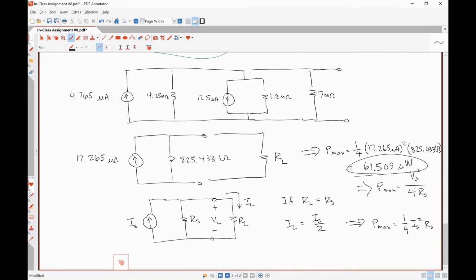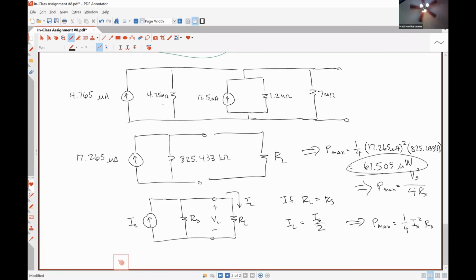I have one question. How did you figure to have the RL equal to the RS resistor to get the maximum value? Let's see. I'm not sure if I went over it in my lecture or not. So let me open up a new thing real quick here.